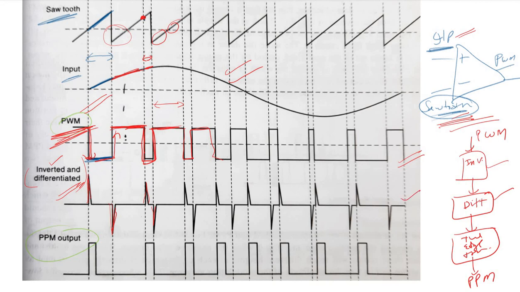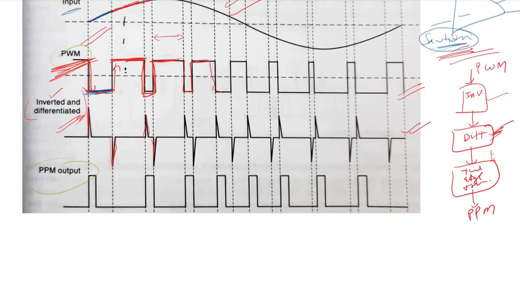So accordingly we get an inverted impulse output, and this inverted and differentiated output, that is impulses, is passed through a positive edge triggered pulse generator. The purpose of this pulse generator is that it generates a fixed width pulse whenever it encounters a positive edge. So whenever there is a positive edge, this is a positive edge, this is another positive edge, positive, positive, positive.